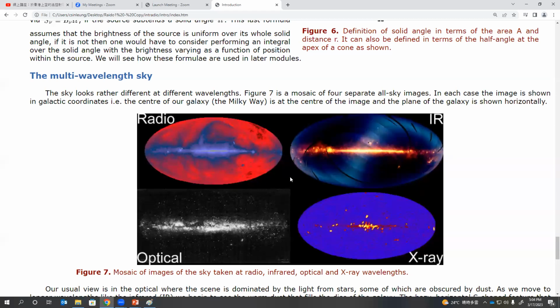Anyway, with this figure I want to show you that if we take the image based on not a single dish but maybe an array, we get this radio picture. This is infrared, and this corresponds to X-ray. So this is called multi-wavelength sky, or multi-wavelength observation.